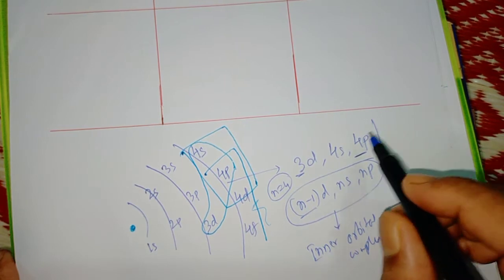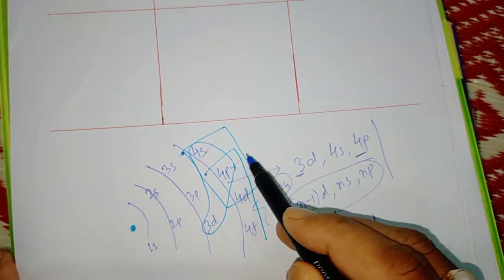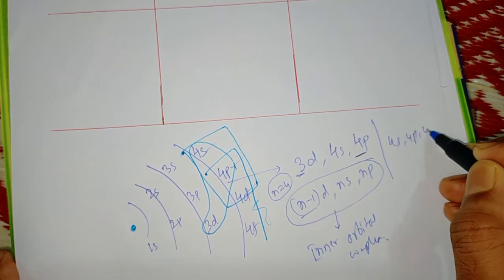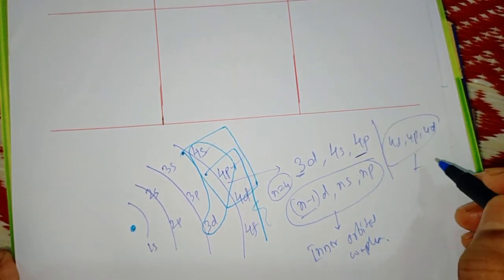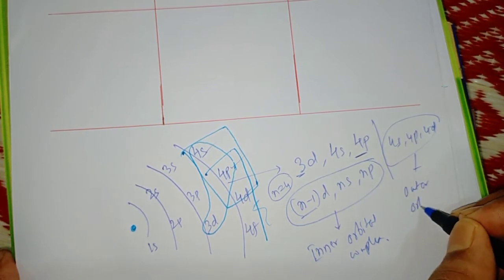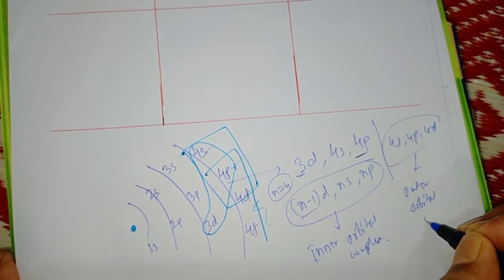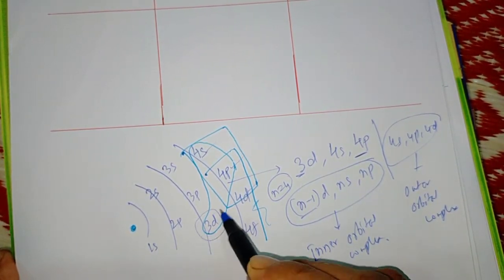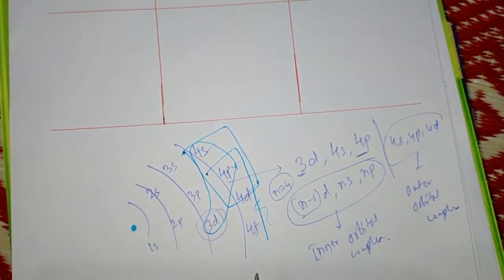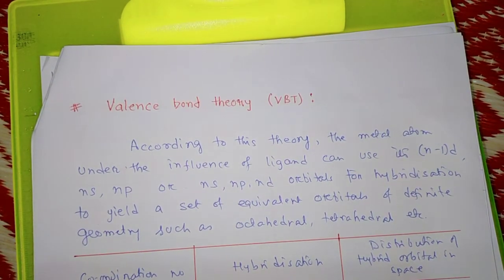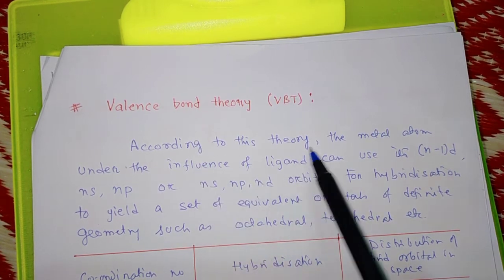And sometimes 4s, 4p, 4d are involved in hybridization. This one is an outer orbital complex. Inner means we use the inner d orbital, so that becomes an inner orbital complex. That is what is written in the theory part.